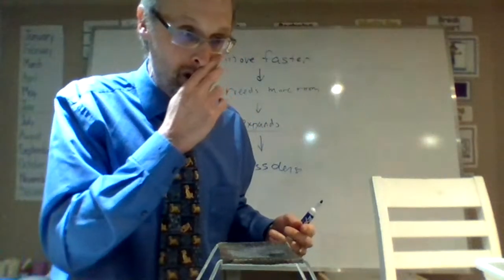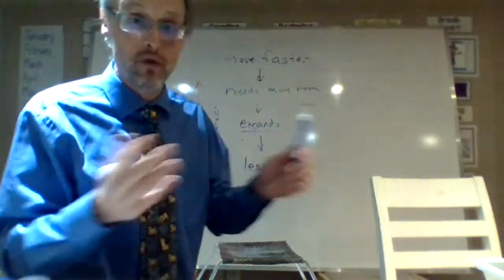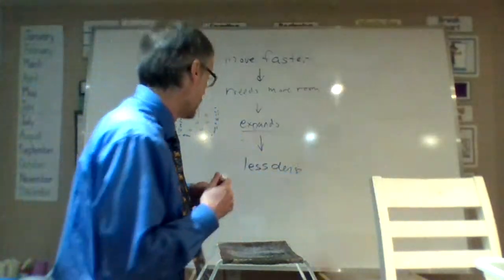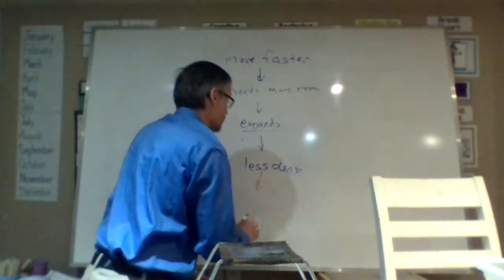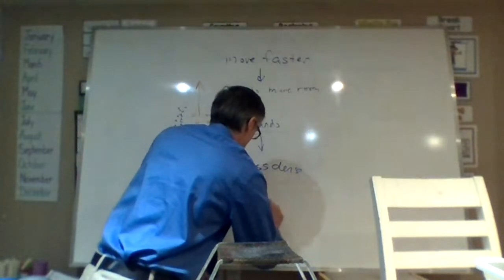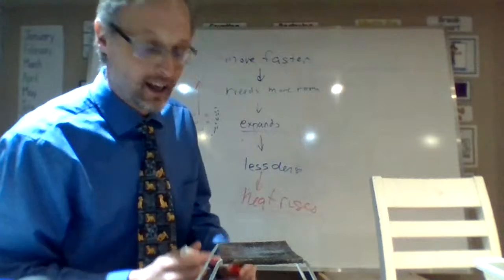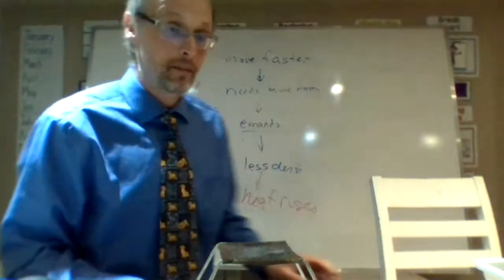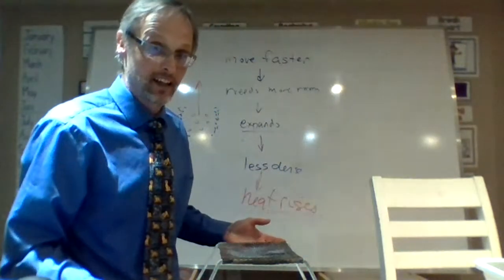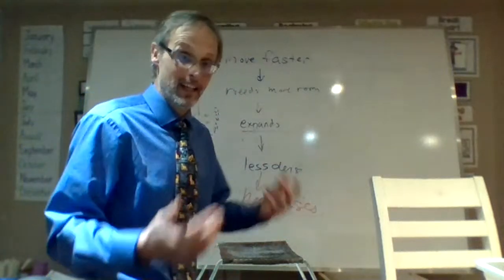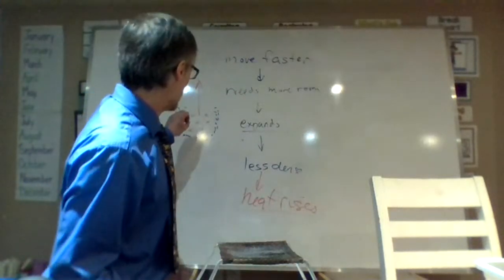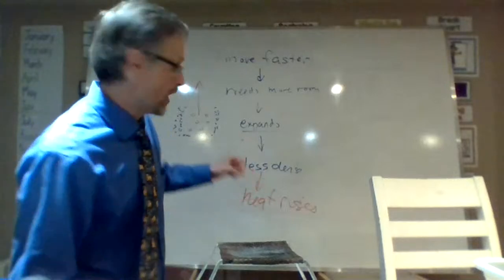So Kaylee, if you're looking for a quick definition, and you know this because you've seen it all before, here's a really simple one. Heat rises because it's less dense. We've seen this all around us before. We know that phrase, heat rises.